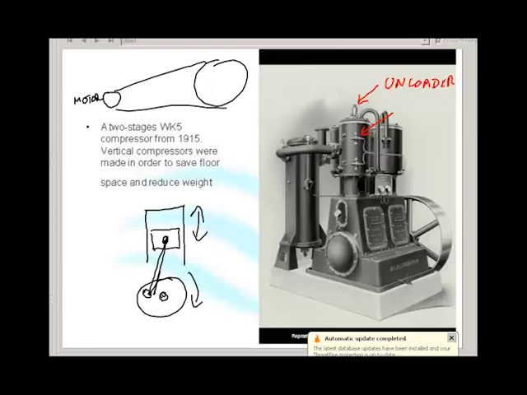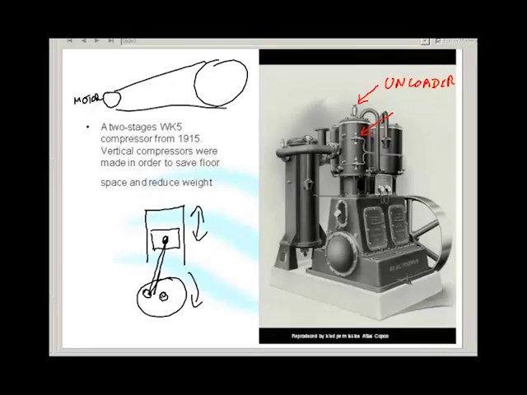What they do is they open a hole in the piston, and then the piston just goes up and down and doesn't do any compressing. If you need to start these things up, the first thing you need to do is trip all the unloaders so that it's not starting up under load.